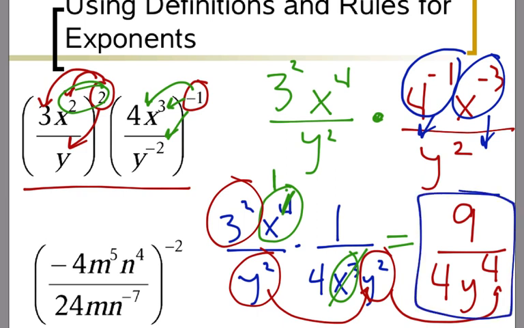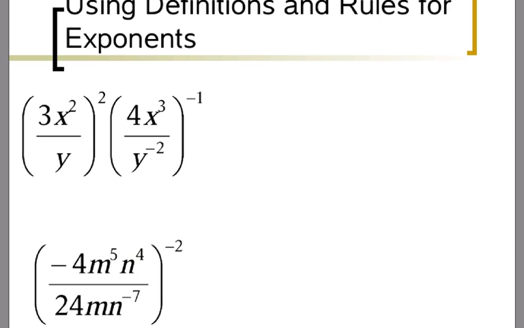I'm going to erase and do the second one. The second one, there's lots of things to distribute this negative 2 to. Everything gets a negative 2. So I distribute here, and we'll talk about the negative sign in a minute. The 5, the 4, the 24 will get a 2 up here, and then this will get a negative 2 also.